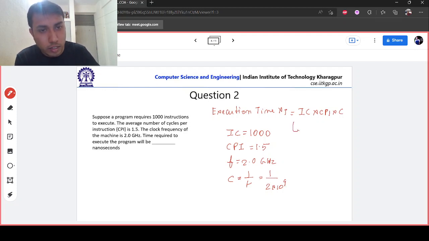So execution time will be 1000 into 1.5 into 1 by 2 into 10 to the power 9, which we can write as 500 into 1.5 into 10 to the power minus 9.